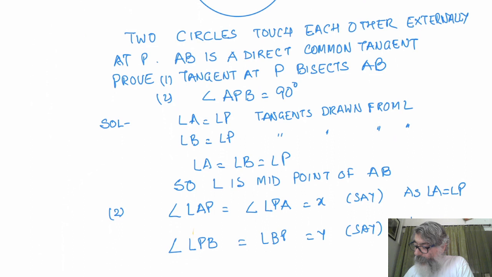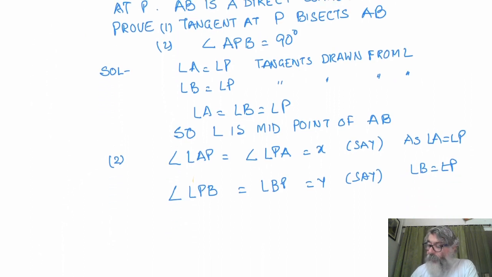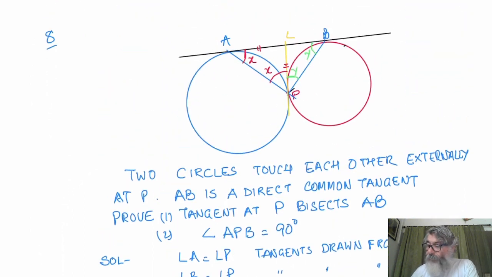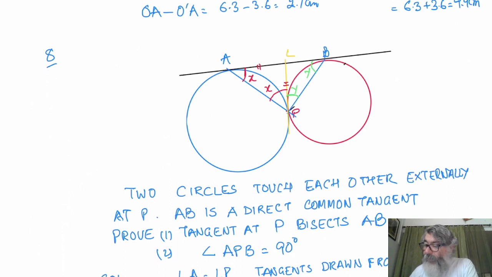Once again, LB is equal to LP. But we have to prove that angle APB is 90 degrees. The sum of the angles of a triangle is always equal to 180 degrees.